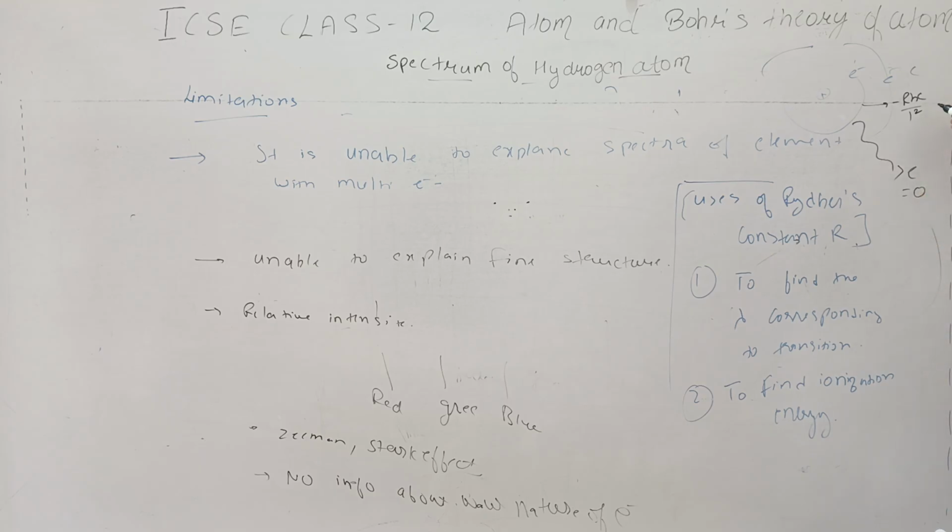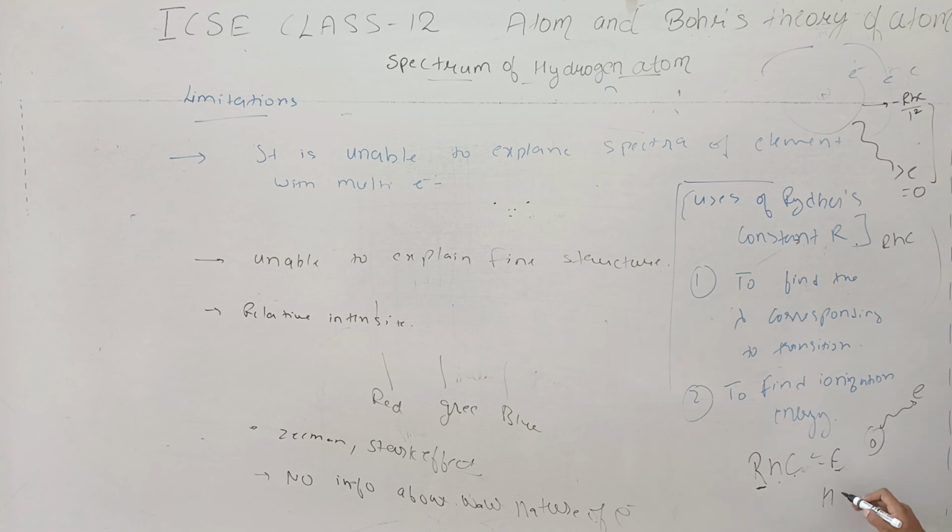This difference is RHC. So RHC, this much amount of energy is required. This is where the Rydberg constant R comes in. So RHC amount of energy is required so that an electron can be ejected from the atom, and this is the ionization potential.